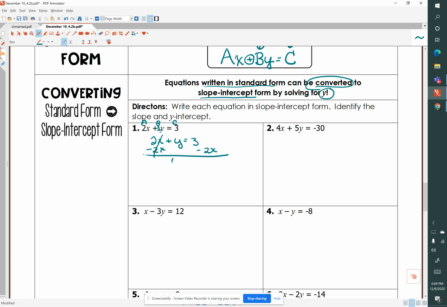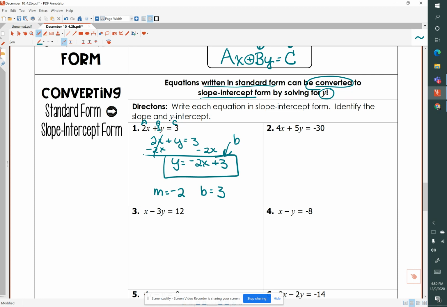And we'll have y equals negative 2x plus 3. And there we are in slope-intercept form, y equals mx plus b. Our m is negative 2, and our b value is 3.